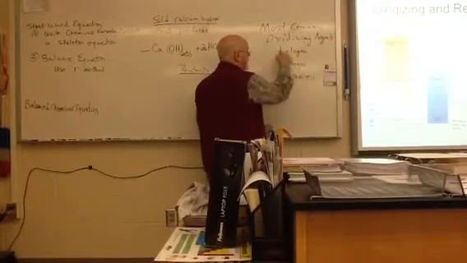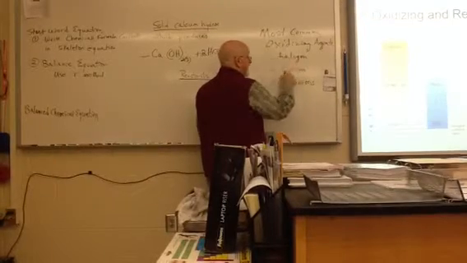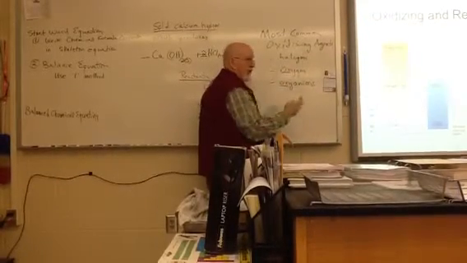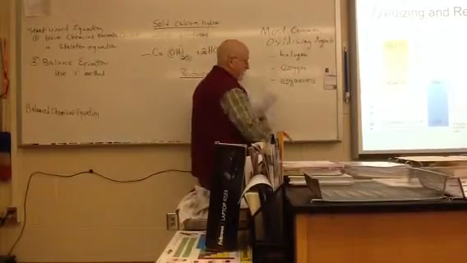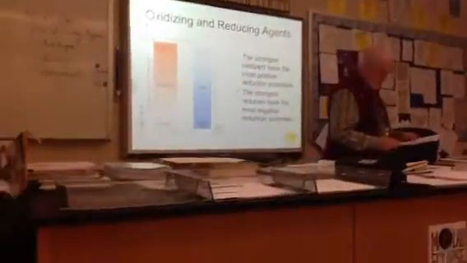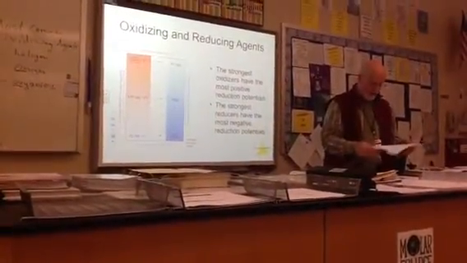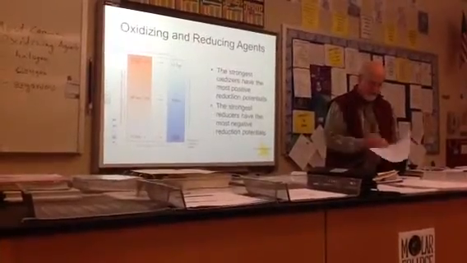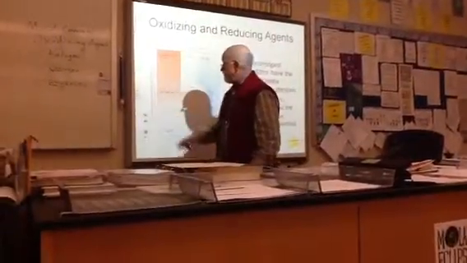So you put these two together, you get an oxyanion. You take the chlorine and the oxygen, you get chlorate, that kind of thing. Those are your most common oxidizing agents. And I already said this: the higher on the table, the stronger the oxidizing agent. And that brings us to the next slide.